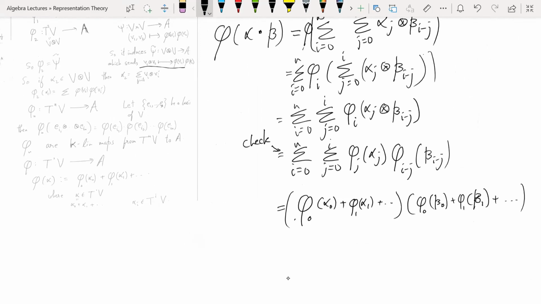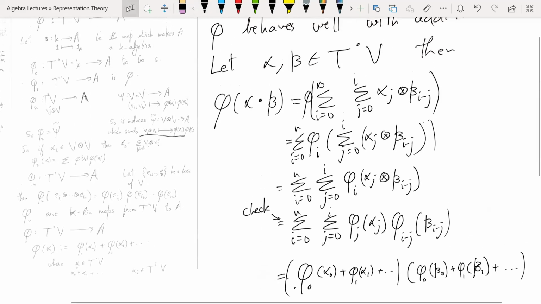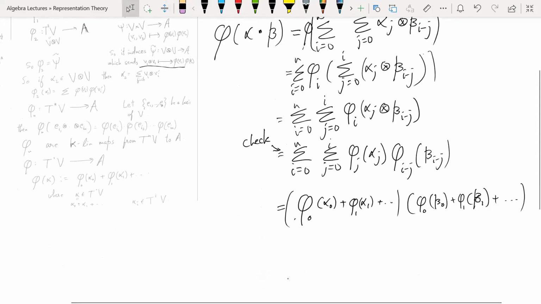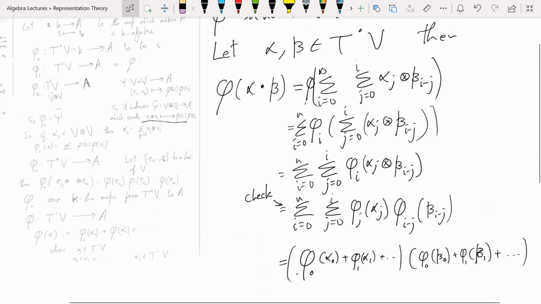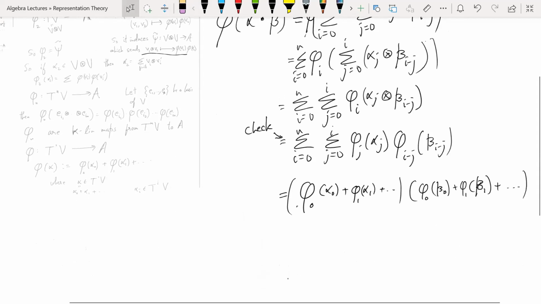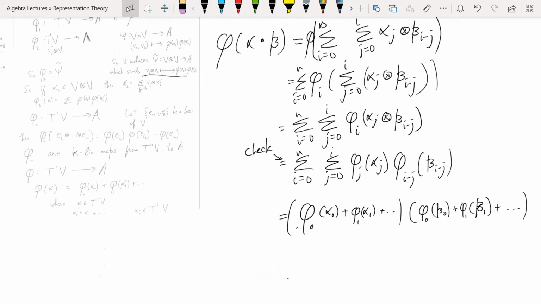If you multiply these terms in A, this is a finite sum. It's difficult to put the last term because I don't know where this alpha ends. But this is a finite sum because, as we agreed, all but finitely many alpha i's are 0, and similarly, all but finitely many beta i's are 0. So both these terms are finite, and you are multiplying these two together to get this.